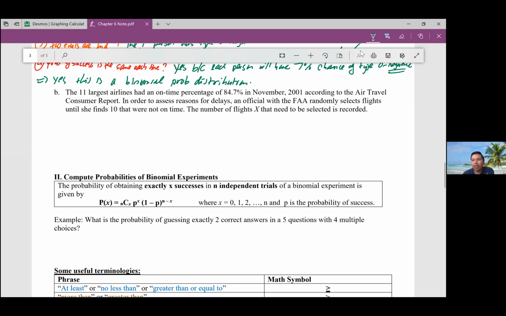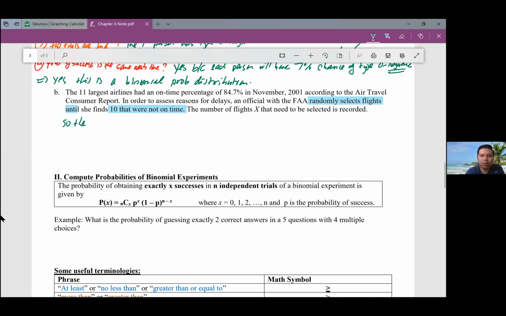The number of trials is not fixed, because if you read the statement, the person randomly selects flights until she finds 10 that were not on time. It's not that she selects 10 flights, right? So that's why it's not going to work.